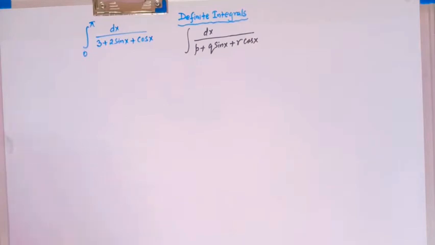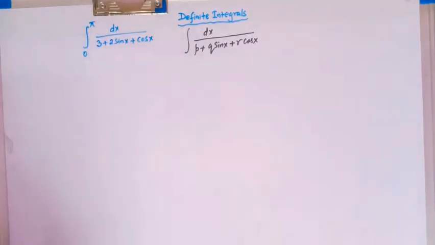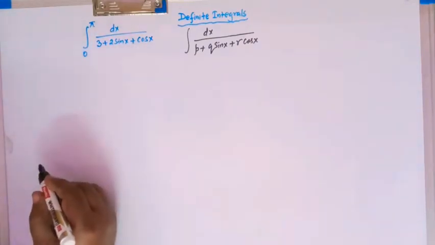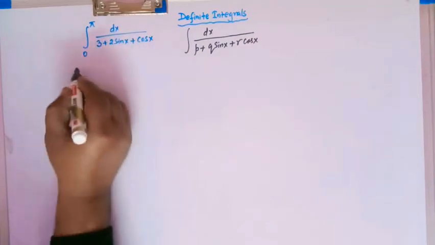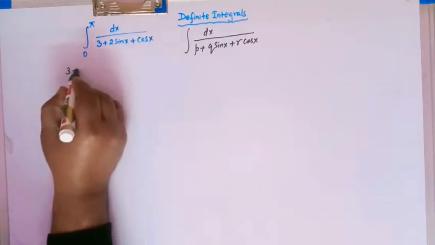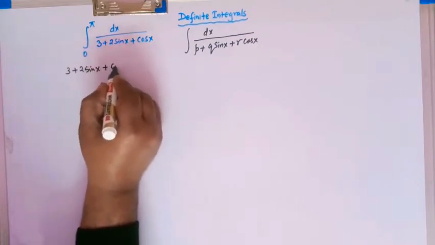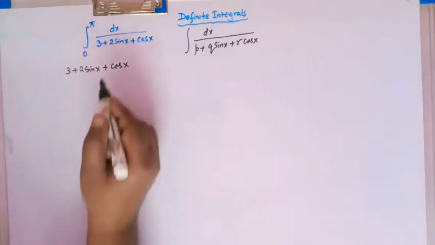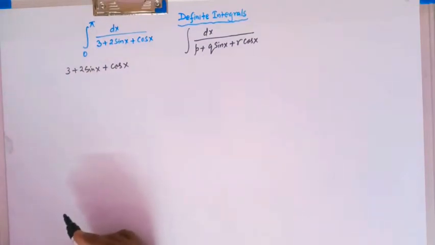Now to evaluate this integral, we'll first of all consider the denominator. The denominator of this integrand is 3 plus 2 sin x plus cos x. And now we'll express this integrand in terms of half angles.